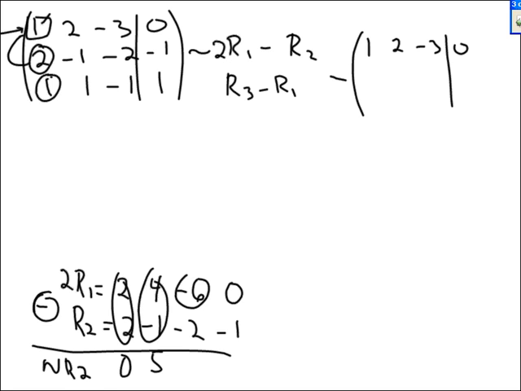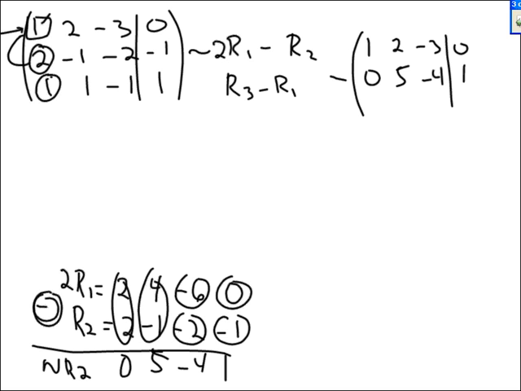Negative 6 minus a negative 2 is negative 4. And 0 take away a negative 1 is positive 1. 0, 5, negative 4, 1. That is the new row 2.